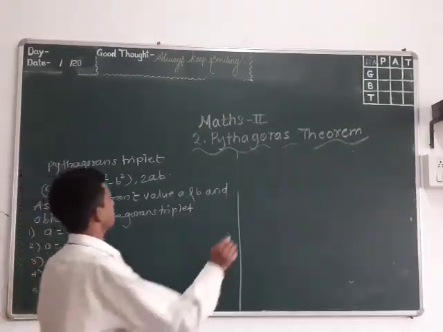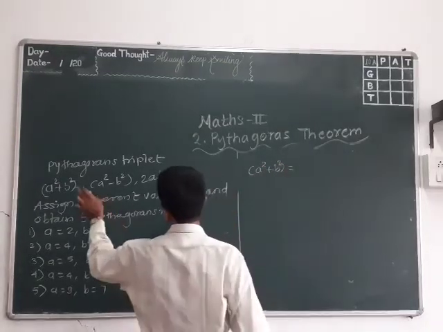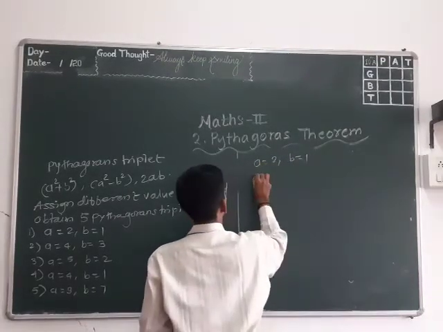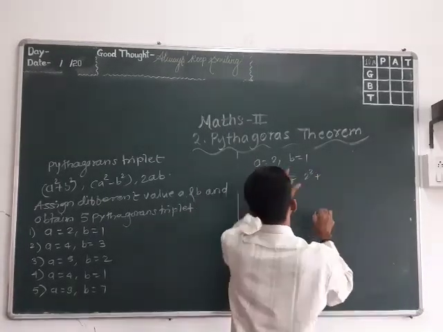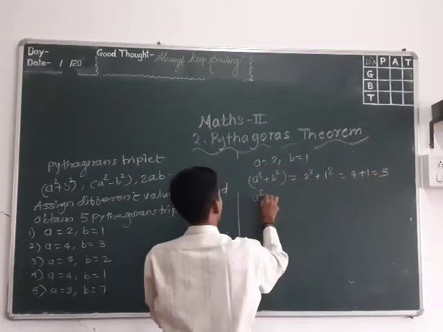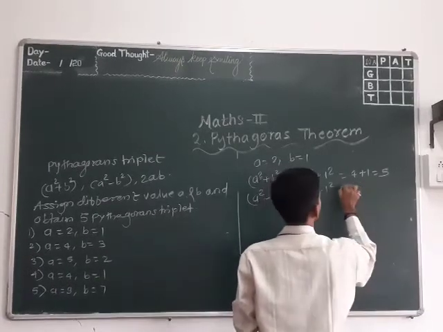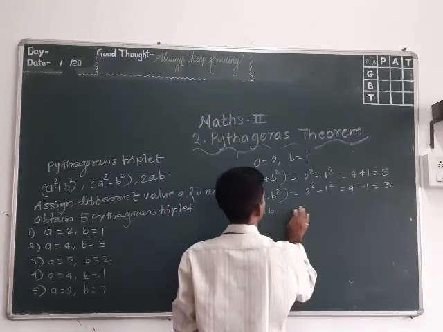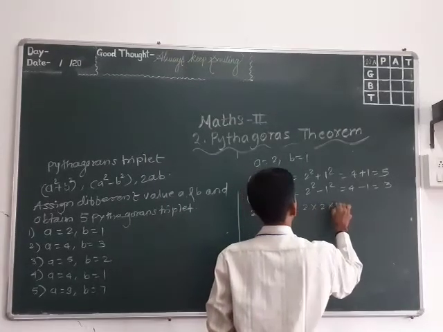The values are substituted in the equation. a square plus b square, with a equal to 2 and b equal to 1, is 2 square plus 1 square, which is 4 plus 1 is equal to 5. a square minus b square is 2 square minus 1 square, which is 4 minus 1 is equal to 3. 2ab is equal to 2 multiplied by 2 multiplied by 1, which is 4.